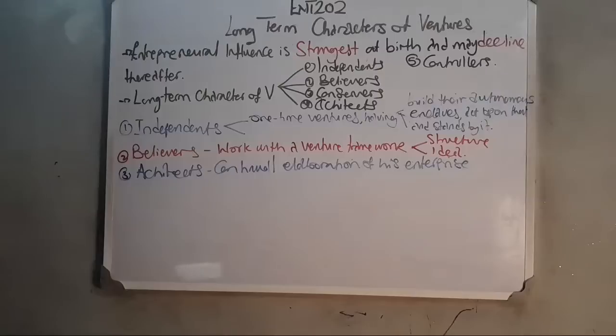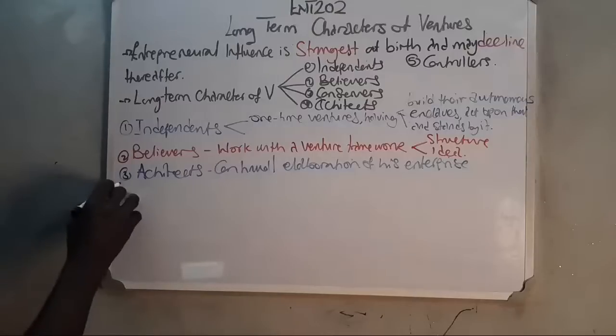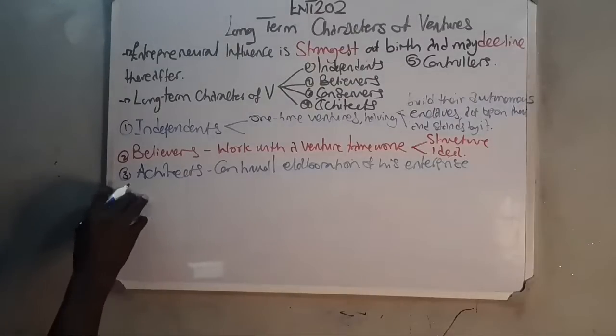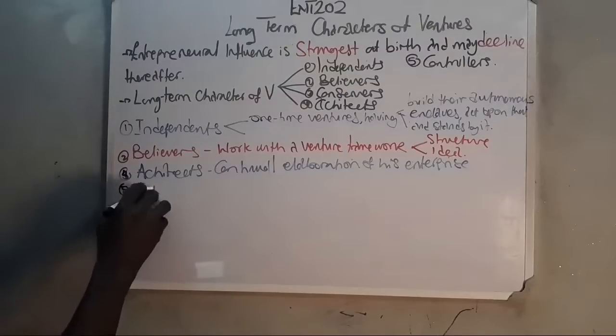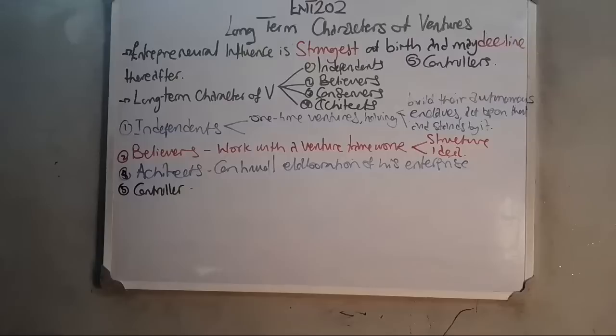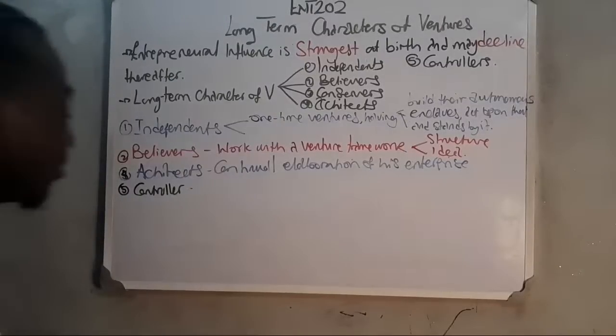And we have the controller that resembles the independent but is somewhat less reliable in terms of the long term. Architect is actually number 4. So controllers are almost the same as independents, but the thing with controllers is that they are not reliable in terms of long-term commitment.